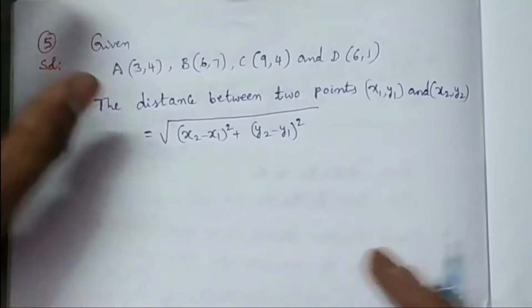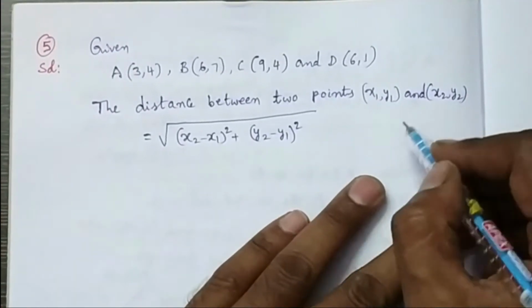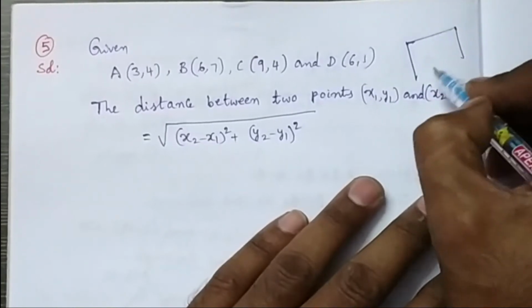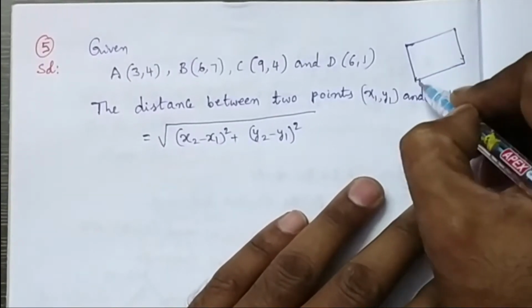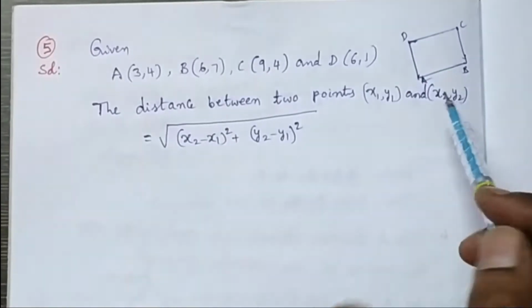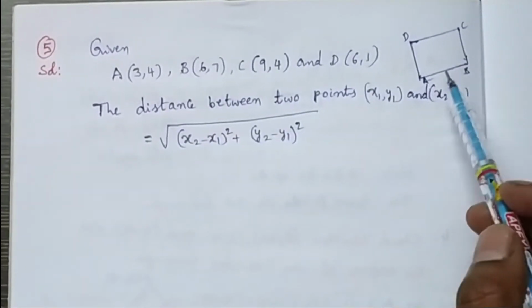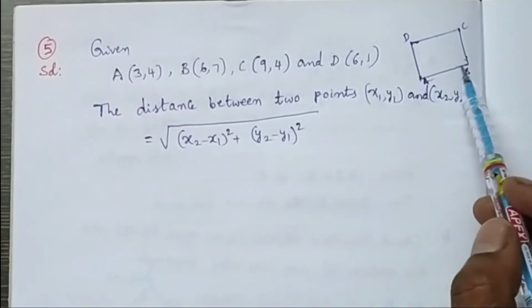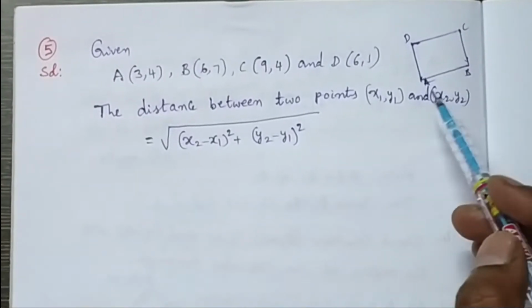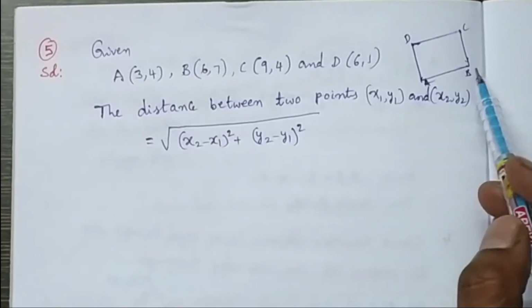For quadrilateral ABCD, first we have to find the lengths of the 4 sides AB, BC, CD, DA. So let us find the length of AB.